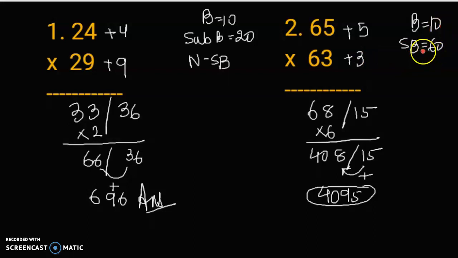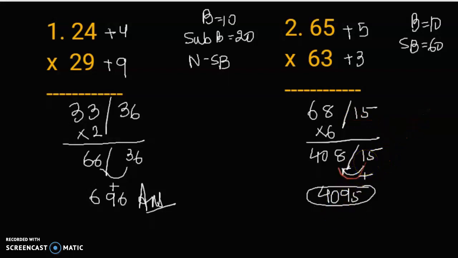Now as sub-base is 6 times the base, you multiply by 6. This is the only step which we have to understand. We have not used this step in earlier methods because we were not doing sub-base. Now as we are doing sub-base, we have to do one extra step, and then you get 408 on the left hand side after multiplication, and 15 is on the right hand side as before.